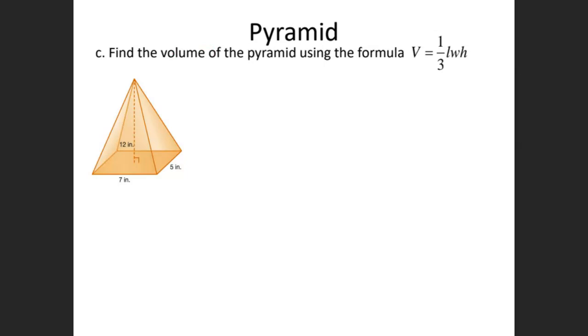Now, this one. Okay. Formula time. We are talking volume.